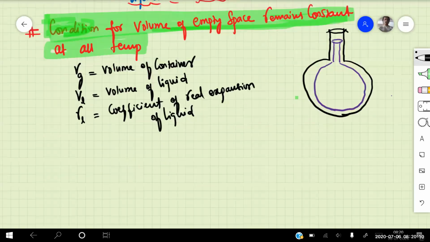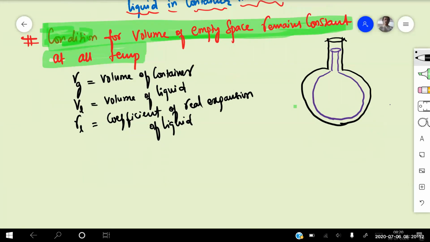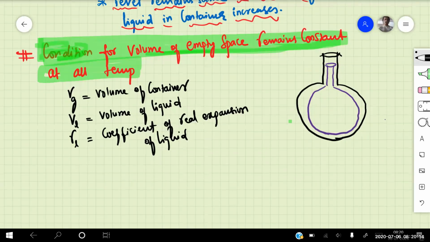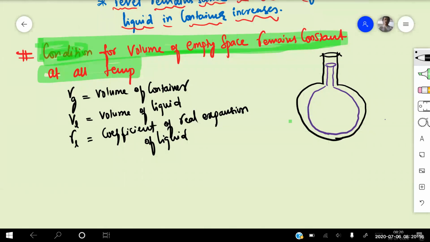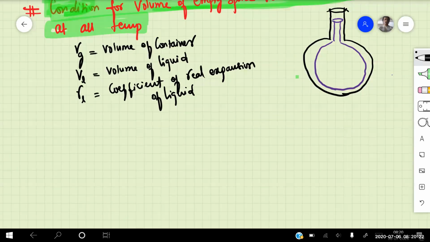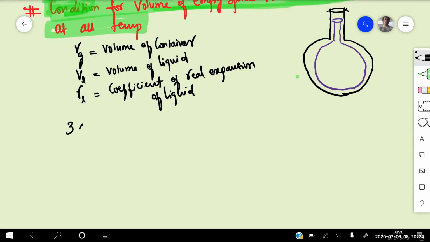So what I am trying to talk about is the condition for the volume of the empty space remaining constant at all temperatures. If Vg is the volume of container, VL is the volume of liquid, and gamma L is the coefficient of real expansion of your liquid, then we can write from this relation, 3 times alpha of glass is equal to gamma of glass, isn't it?